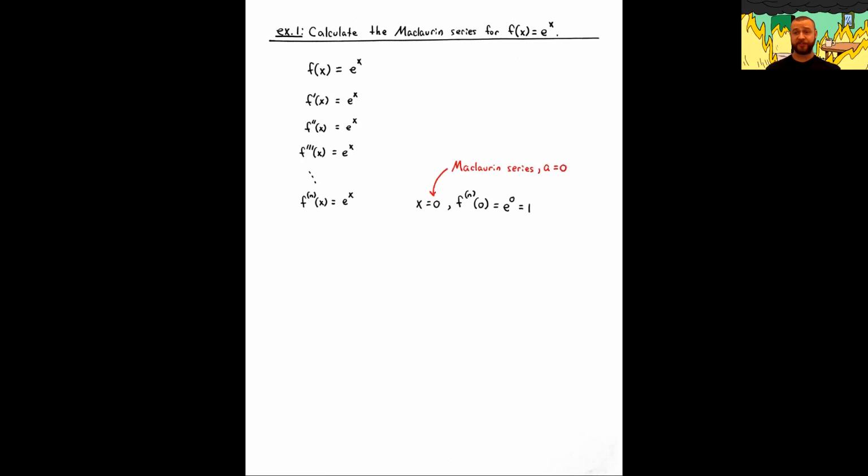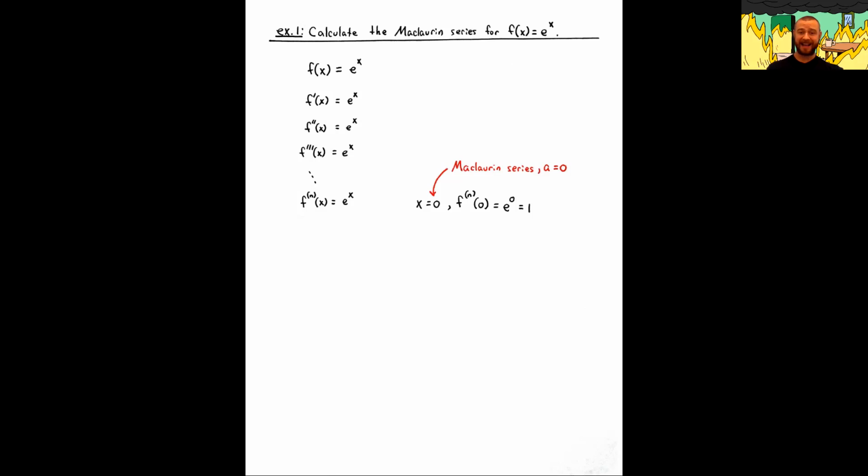For a Maclaurin series, we're going to evaluate that at the center point, 0. So we take our formula for the nth derivative, e to the x, and evaluate that at x equals 0. So we get e to the 0, which is 1. But this by itself is not the value of our nth coefficient c sub n.